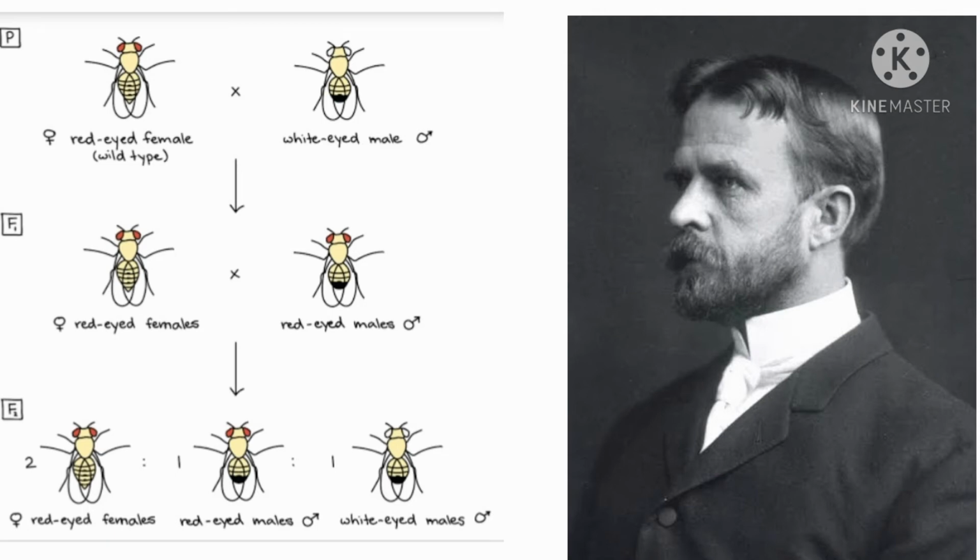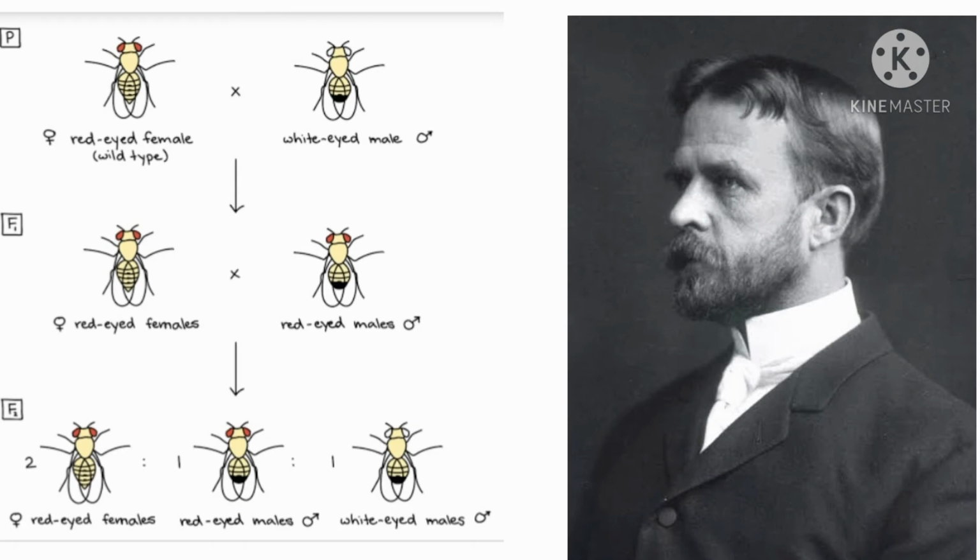Because white eye is recessive to the dominant red gene. So the cross of the F1, the filial generation 1, produces dominance again. Why?